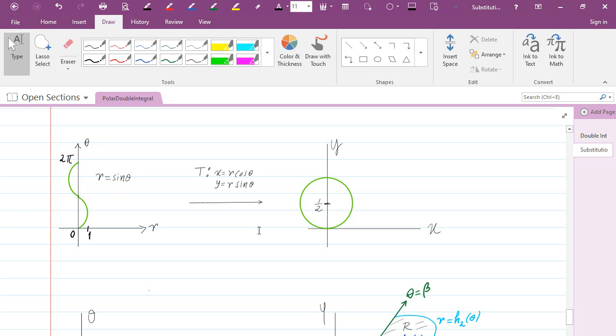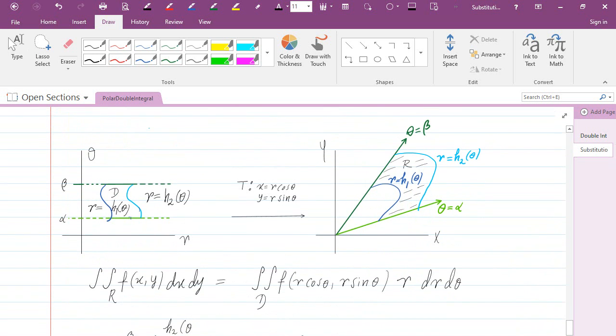So basically T maps this curve here onto the graph of this equation in the xy plane as a polar equation. So here we are drawing this equation as a polar equation in the xy plane, but here it is drawn as a rectangular equation. Okay, so T maps this curve into this curve right here.